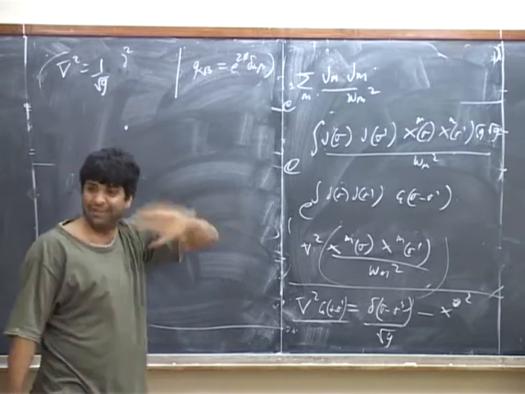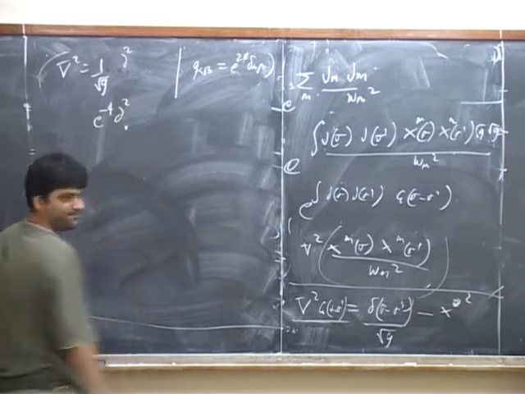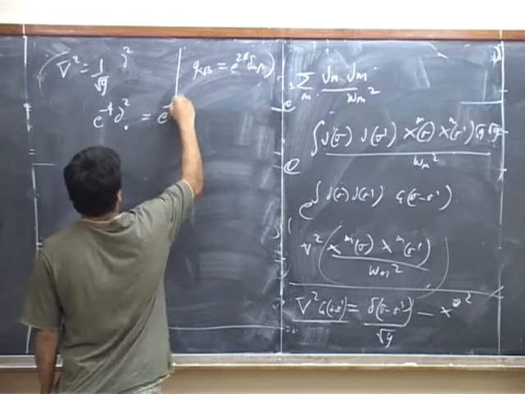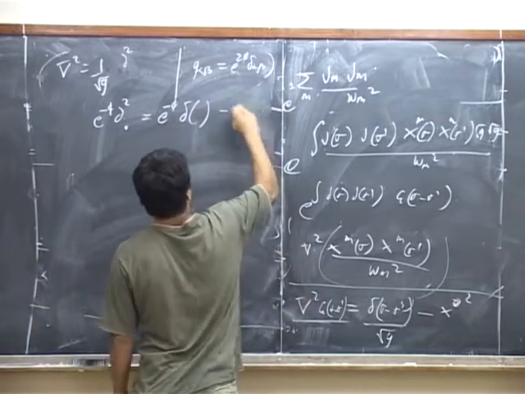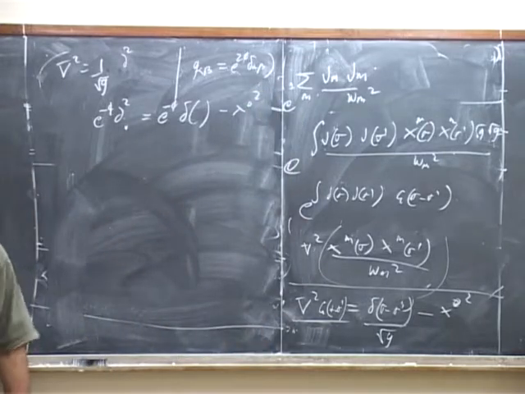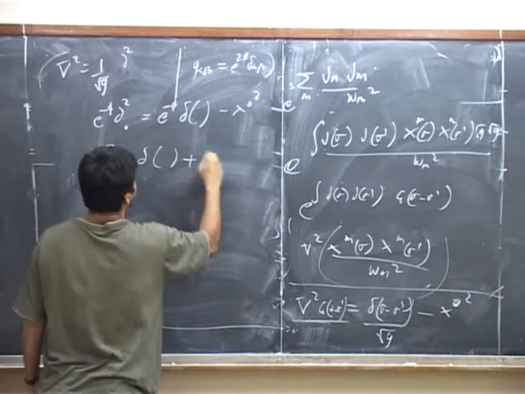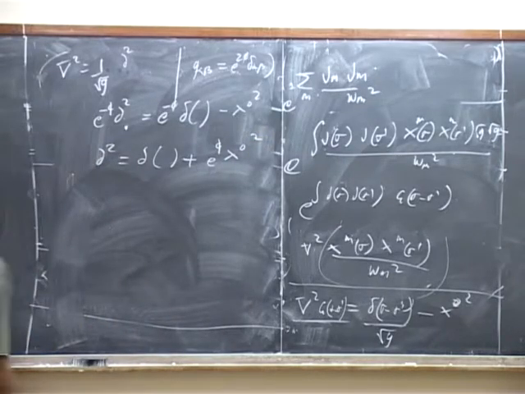So you get del squared in the flat plane times 1 by square root g, which is e to the power minus 2 phi times the flat del squared. So the equation we want to solve is this equal to e to the power minus 2 phi delta function minus x0 squared, which remember is a constant. So we want to solve the equation del squared equals delta function plus e to the power 2 phi x0 squared. Have I messed up? Sorry, there's a 2 phi.